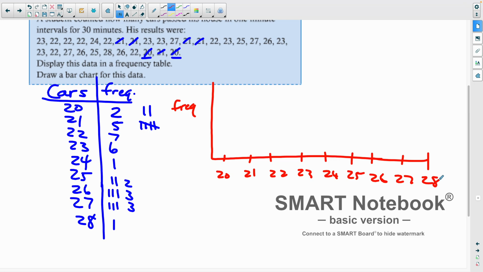So for 20, I should have a frequency of 2, so it goes up there. For 21, it goes up to 5.